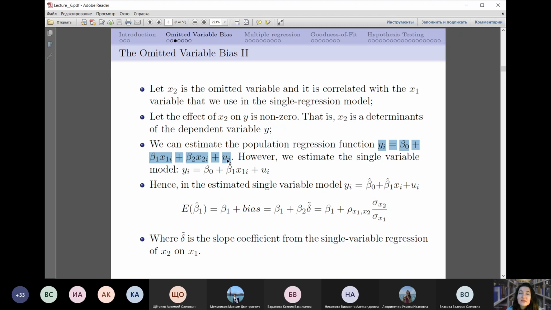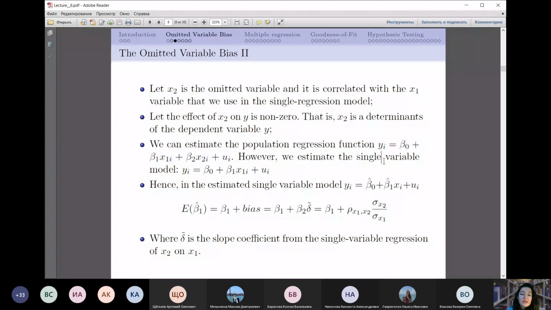So what is omitted variable bias? It means that, first of all, x2 has a non-zero effect on your dependent variable. This is the first assumption. And the second assumption is that you omit this variable x2 for some reason, and this x2 is correlated with the x1 variable.